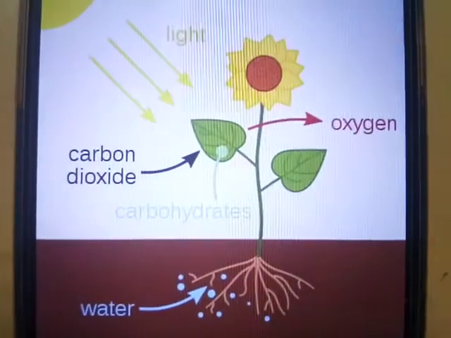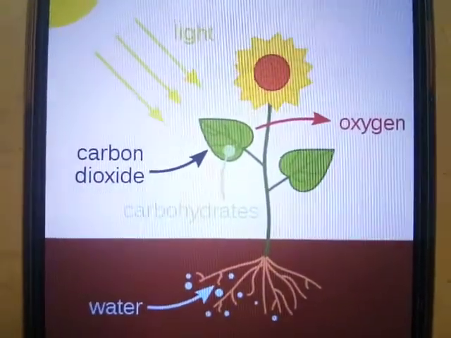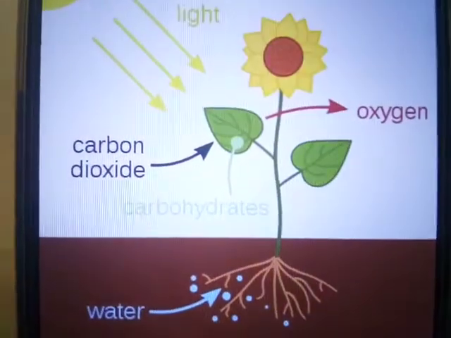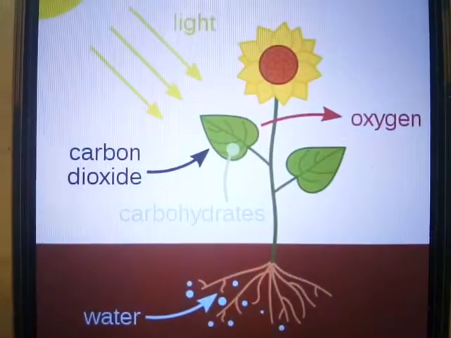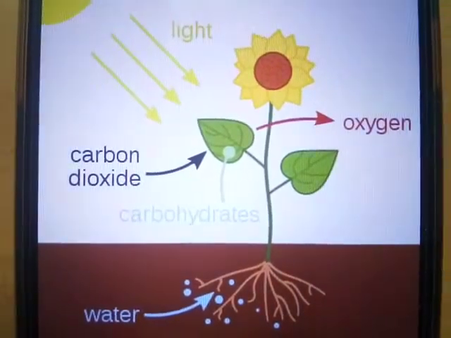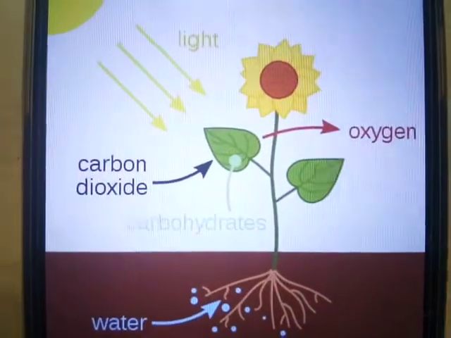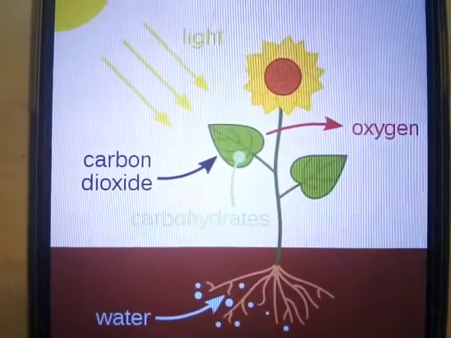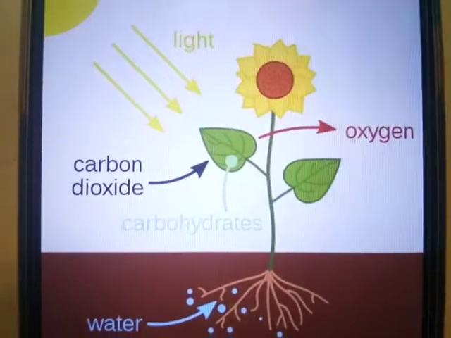Before going into detail about chloroplast, first let us discuss what photosynthesis is. Let's brush up our mind and recollect what photosynthesis is.